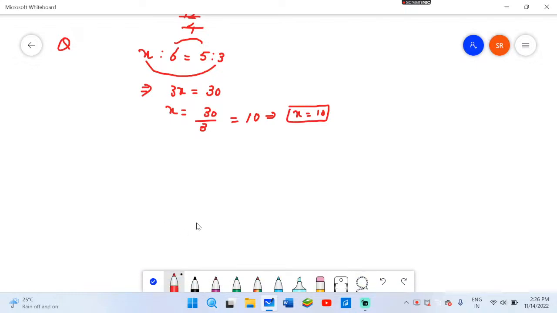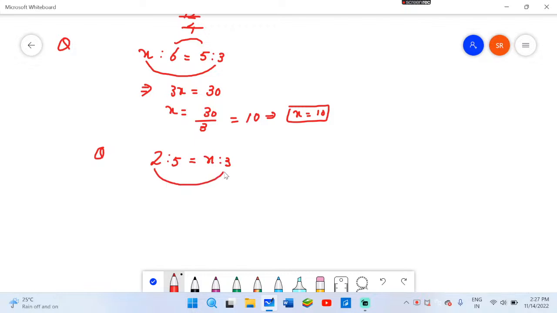We can take more problems. See, 2 is to 5 is equal to x is to 3.